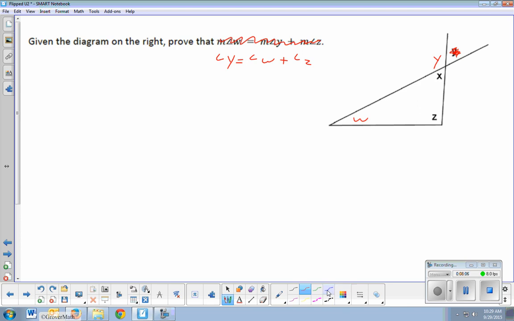All right. So I want to prove the exterior angle theorem we learned previously. Well, what do I know? I know that these three angles add to 180, right? So that's angle x plus angle w plus angle z equals 180 because three angles of a triangle sum to 180.